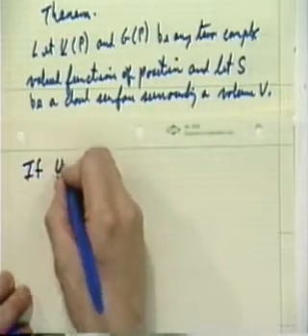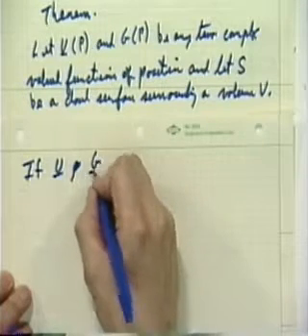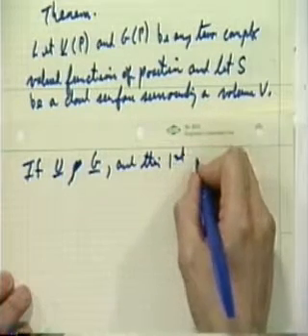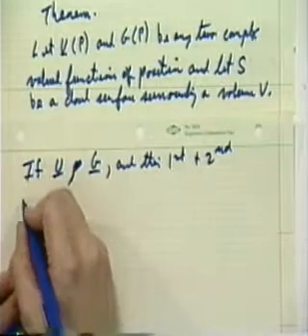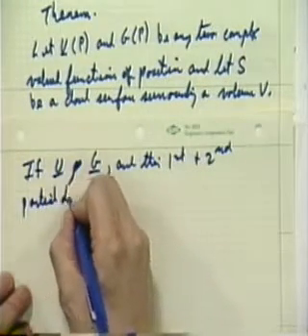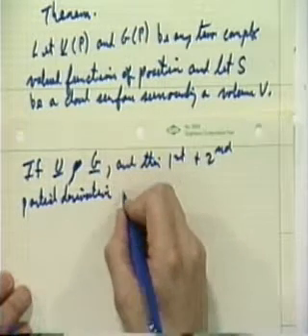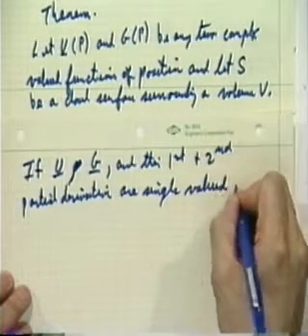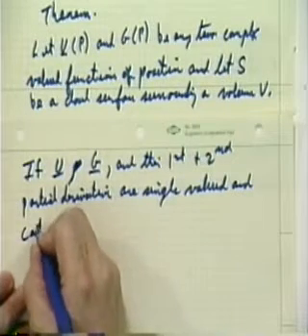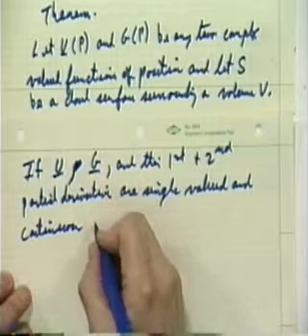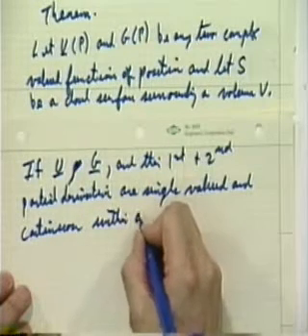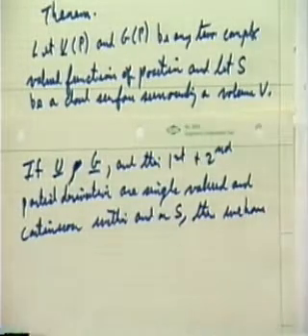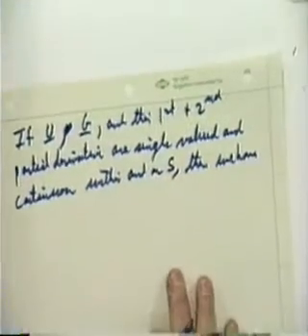If U, G, and their first and second partial derivatives are single valued and continuous within and on S, then we have the following equation here.